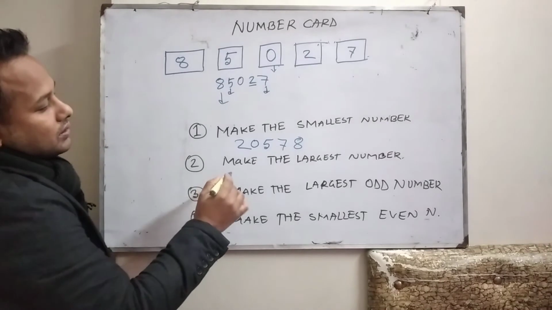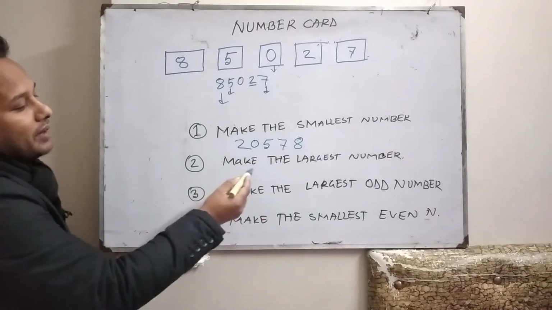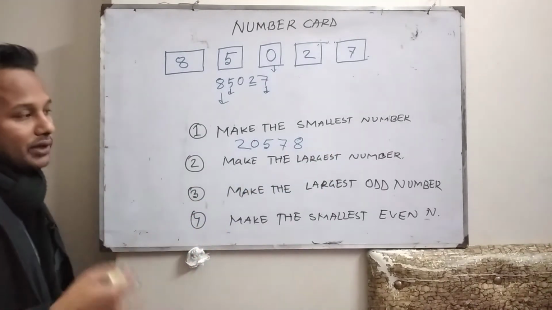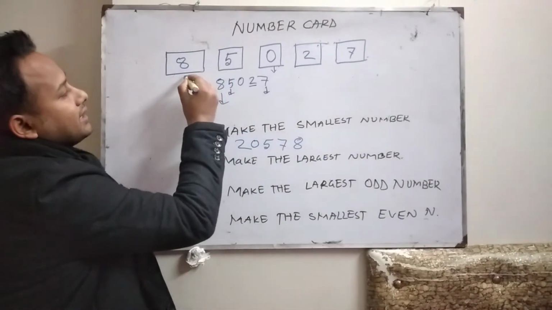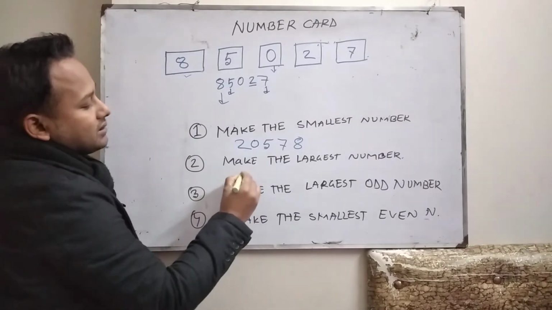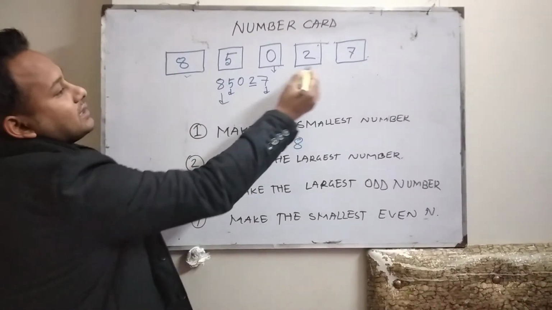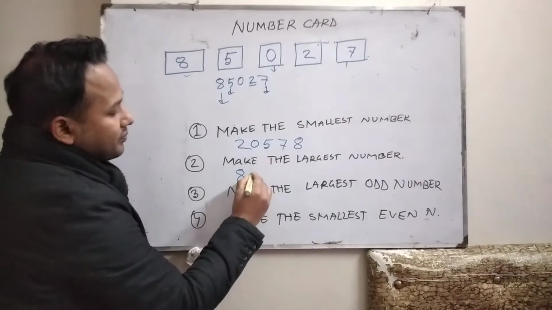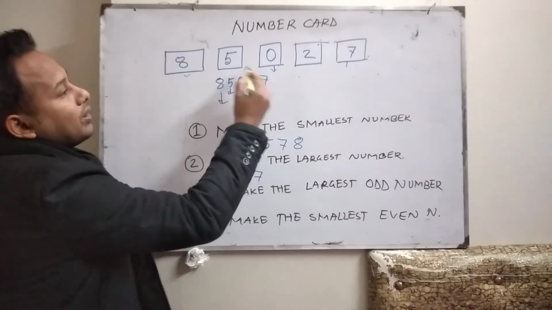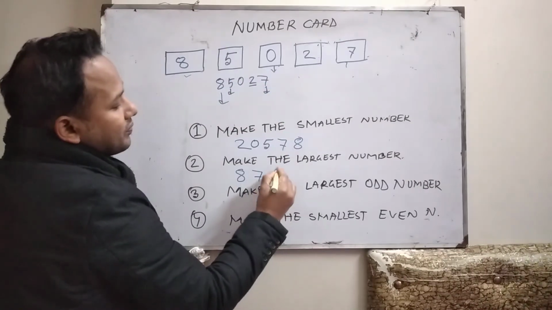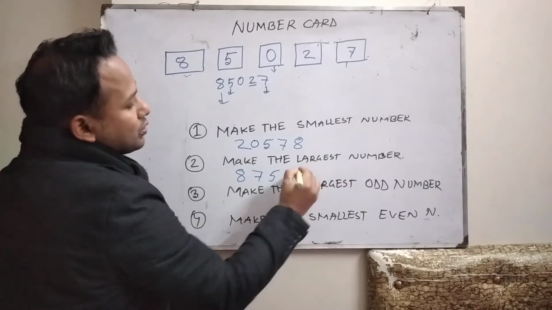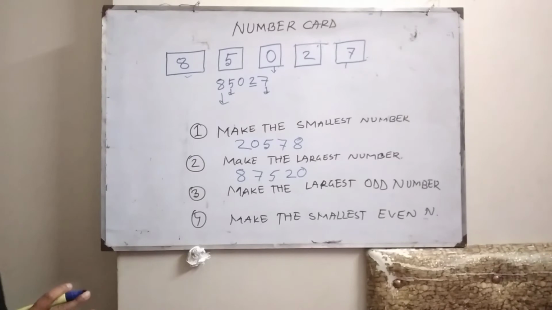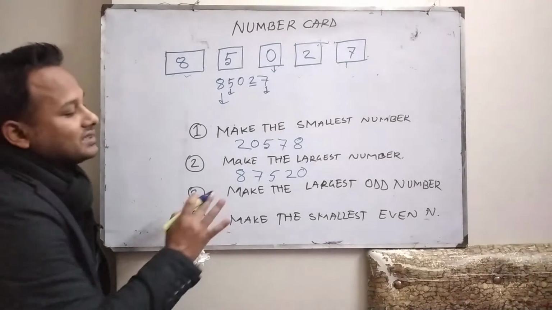Now the next one, that is make the largest number. So what you can do, that is too easy, just take the largest one, that is 8, the second largest, that is 7, third one, that is 5, the next one, that is 2, and the last one is 0. So you have made the largest number.